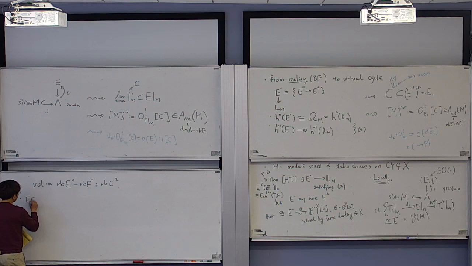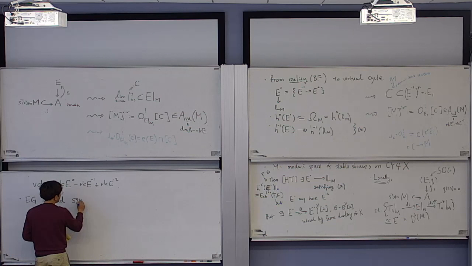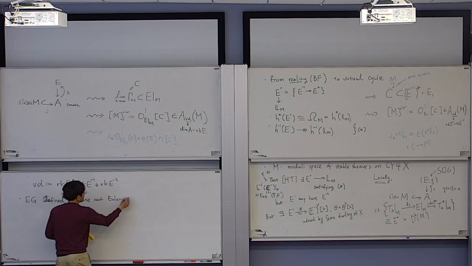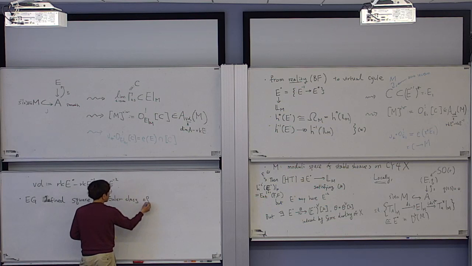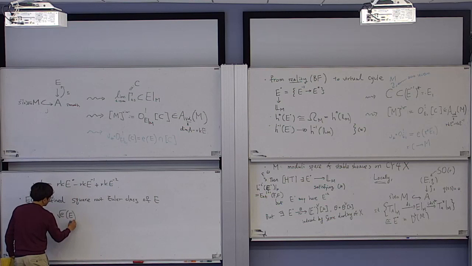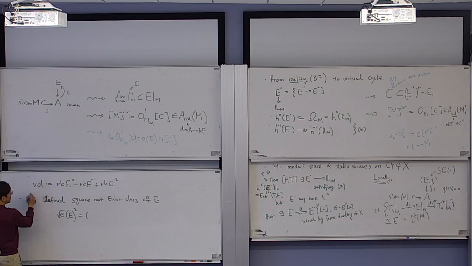Edidin-Graham has defined a square root Euler class of V, when the virtual dimension is even.